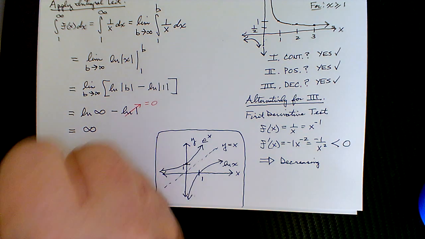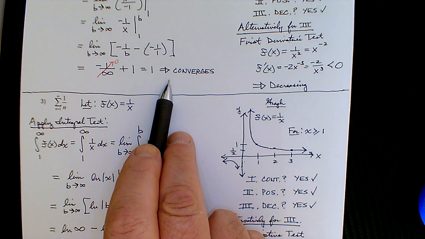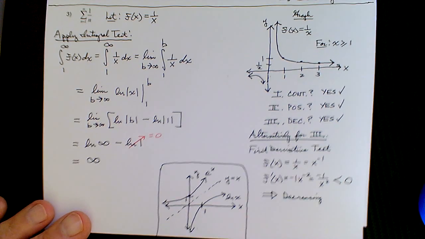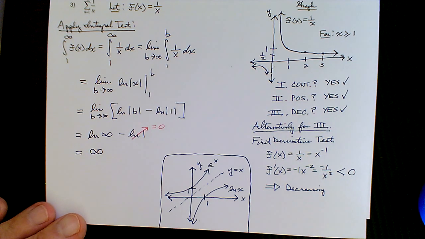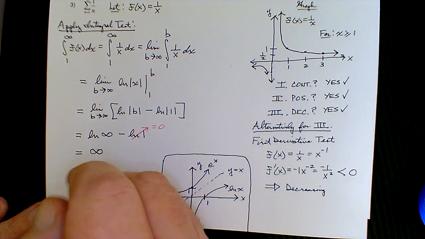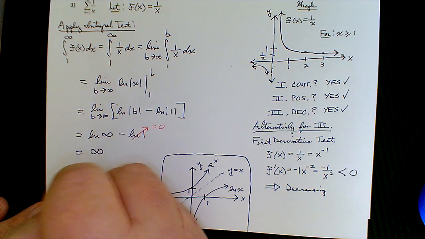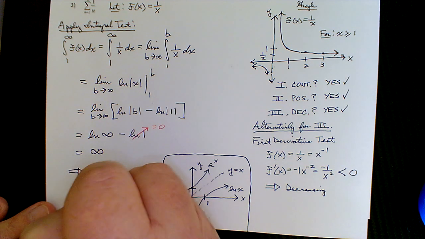We got infinity. So remember, if you get a number, like we did in the last two examples, we got 1, and we said it converged, we got 1 over e squared or something like that, and we said it converged because they were just numbers. You get infinity, and that's when we use the term diverges.